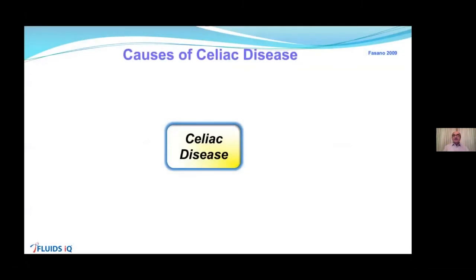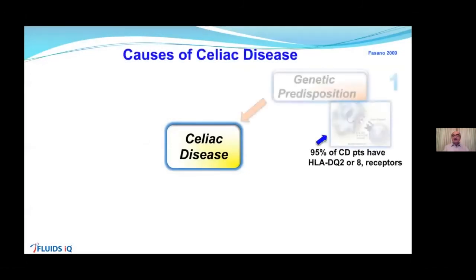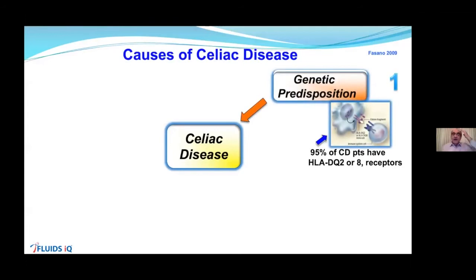And let's take a look at celiac disease specifically as an example of what I talked about before with what is the pathogenesis of these problems. In the case of celiac disease, there is a genetic predisposition. 95% of celiac disease patients have HLA-DQ2 or 8 receptors.